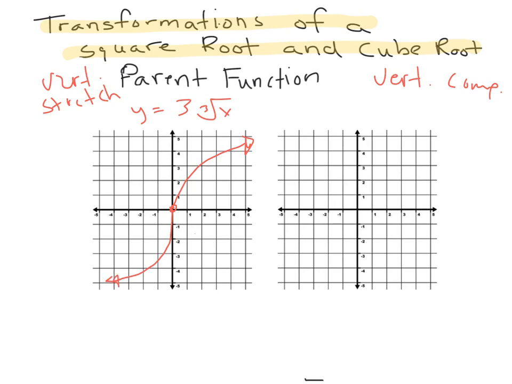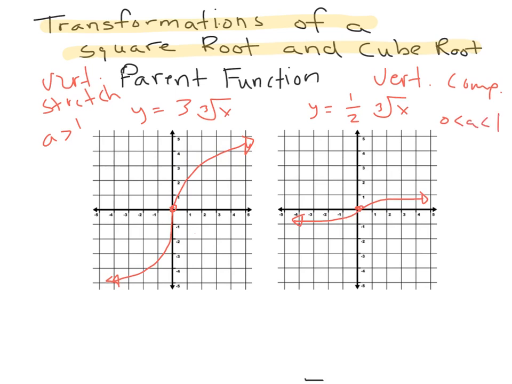So he was stretched vertically. Now that's, remember, when your a value is going to be greater than 1. Now over here we have a compression when y is equal to, I don't know, 1/2 cube root of x. Okay, and so our little S here now gets skinnier. And that's when the a value is between 0 and 1.